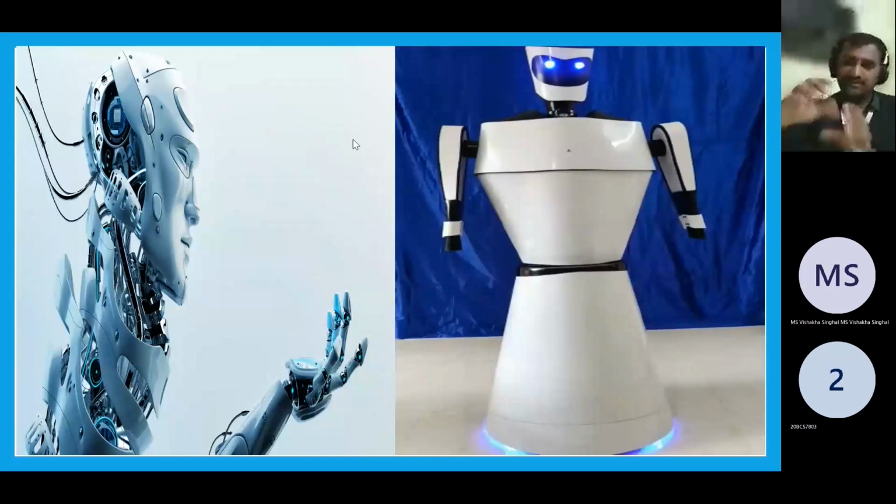Neuralink is about the human brain. In the human brain, we have nerve cells.